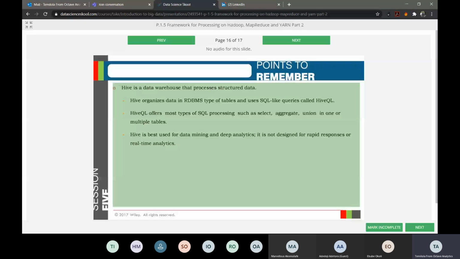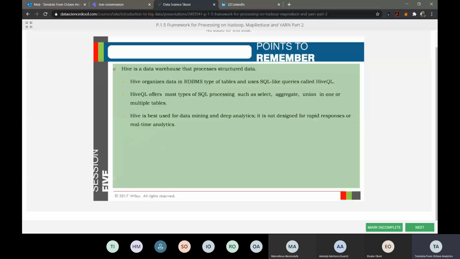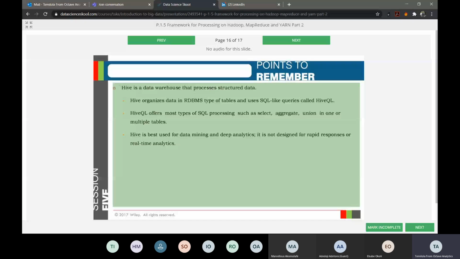Hive also offers SQL-like queries, which are your select statement, aggregate statement, union statement, and the rest. Hive is best for data mining activities and for deep analytics. Although Hive is not designed for rapid responses or real-time analytics, the one that is designed for rapid responses and real-time analytics is our HBase.